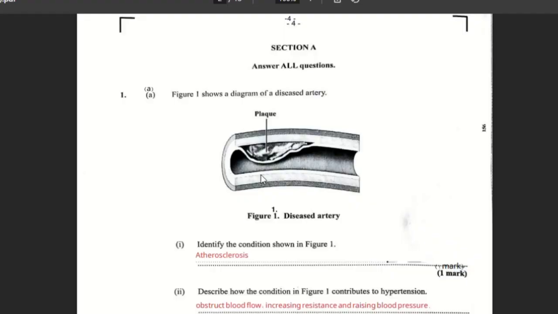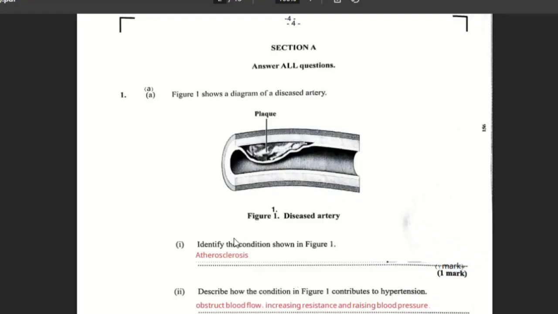What we have here specifically that's going to tell us what kind of disease it is, is the plaque. As you can see, the plaque builds up, and plaque is a mixture of different things, for example cholesterol and all that stuff that gets stuck in the arteries, and it can cause this condition called arteriosclerosis. We cannot pronounce it, but this is the condition.